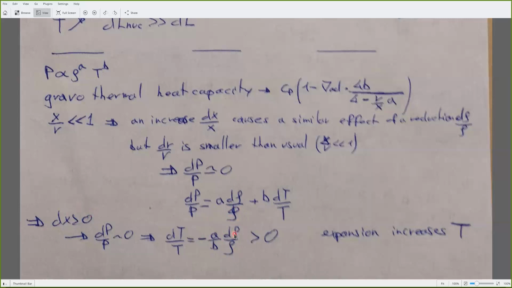That means that an expansion increases the temperature. As you saw above, but maybe here it is a little more clear what happened.